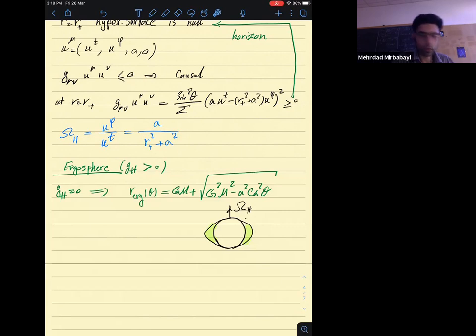We know that the causal curves should normalize to some non-positive quantity.